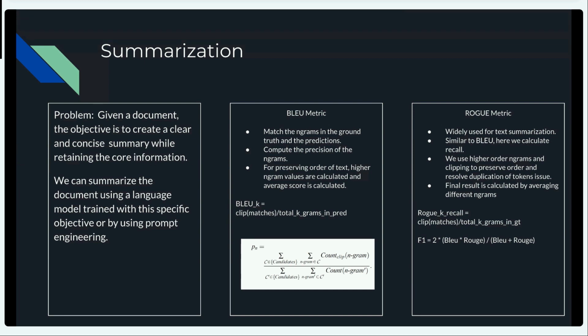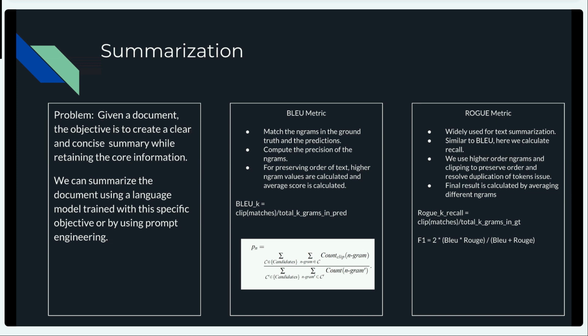Now, another issue that can happen whenever you are comparing summaries is that the word order is incorrect. Let's say you are predicting all the correct tokens, but the order of the words is not proper. In that case, you'll still want to penalize the summary that you have generated.